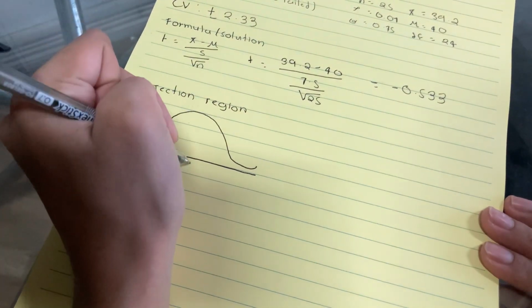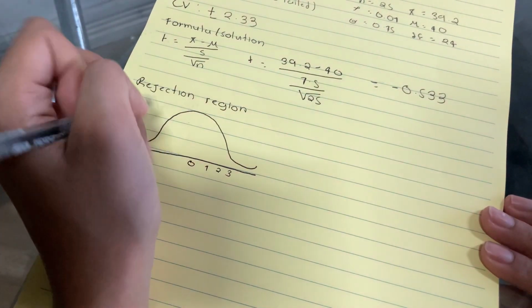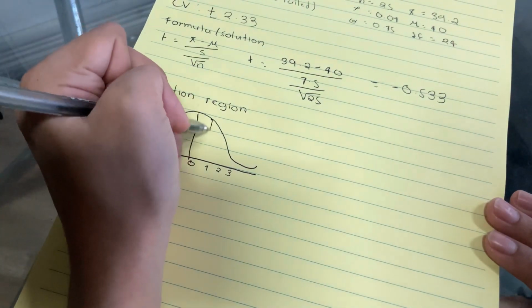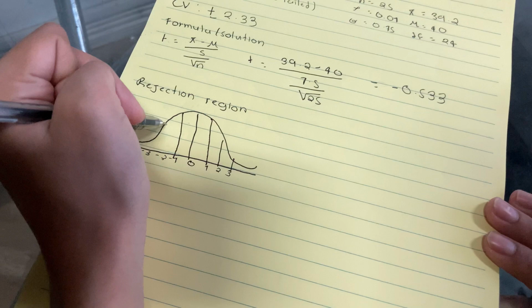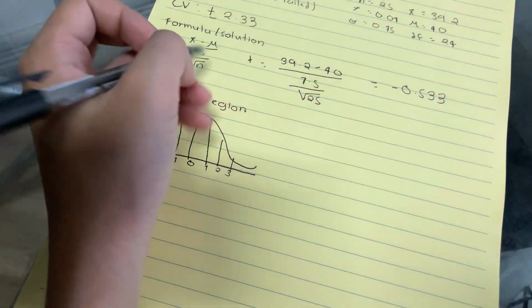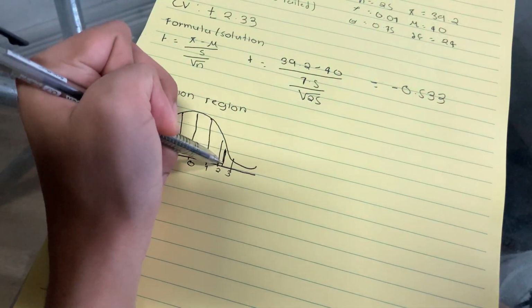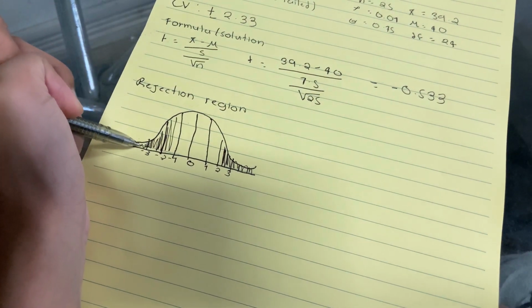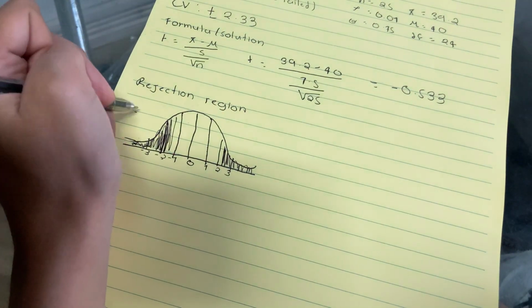Now let us draw our rejection region, wherein we can find if we fail to reject the HO, or we are rejecting the HO. Now let us plot our critical value, which is positive and negative 2.33. It lies in the negative and positive side of the rejection region.